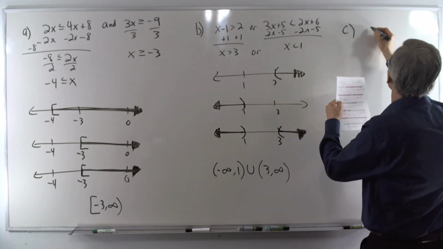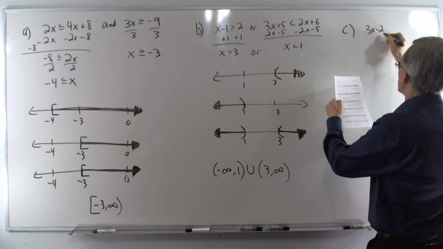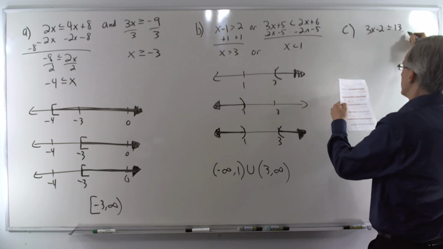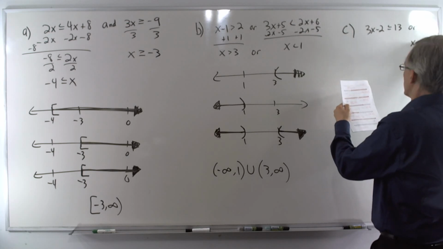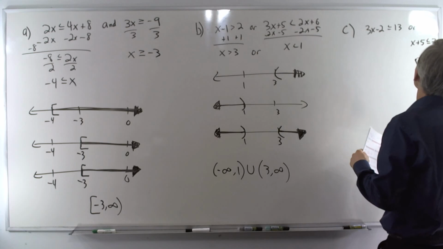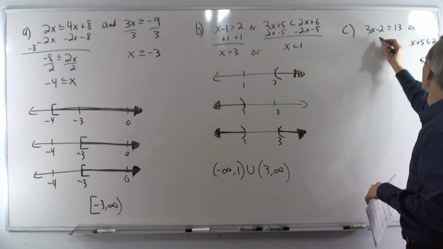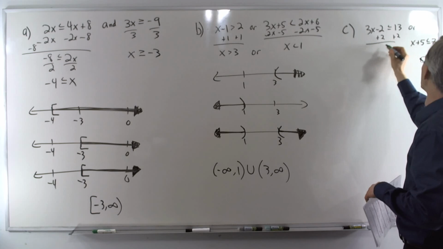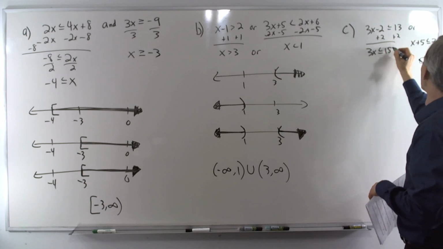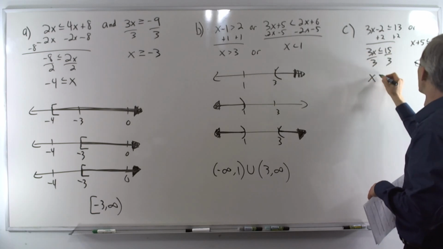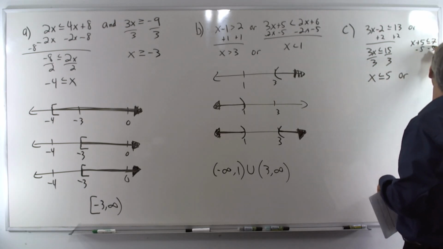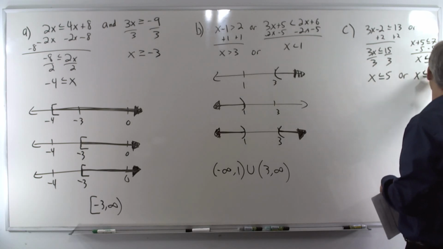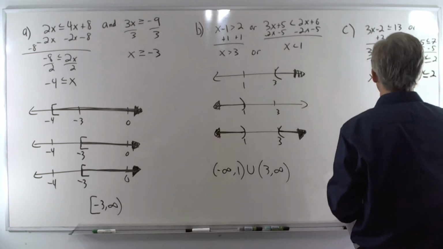C. Oh, we'll solve these inequalities. So we have x less than or equal to 5, or x less than or equal to 2.